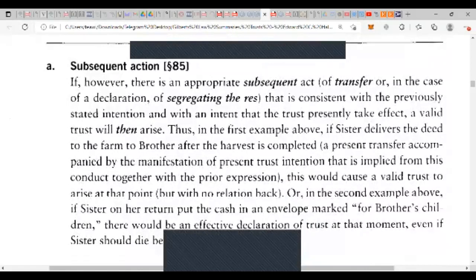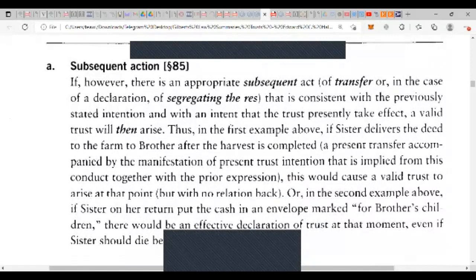If, however, there is an appropriate subsequent act of transfer, or in the case of a declaration of trust, segregating the res, that is consistent with the previously stated intention and with an intent that the trust presently take effect, a valid trust will then arise.